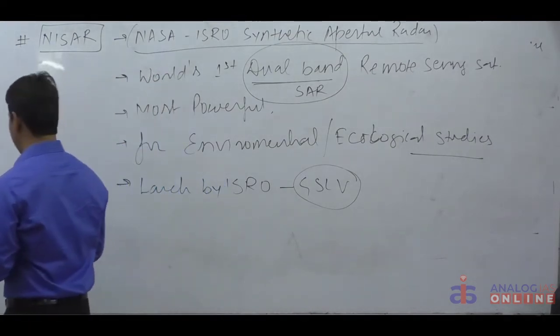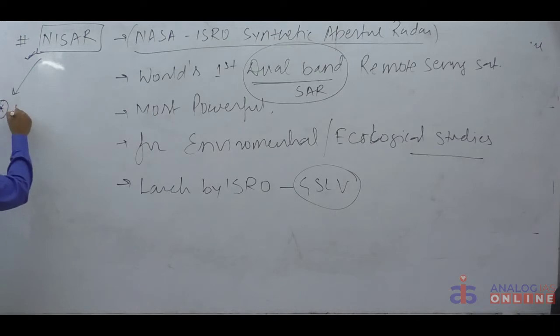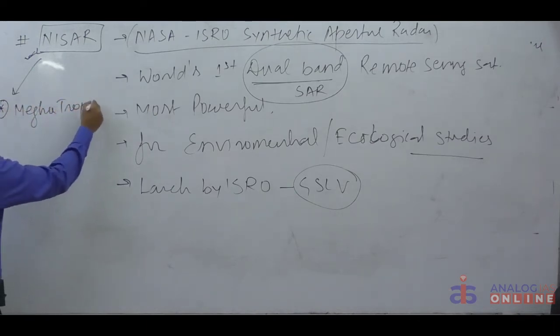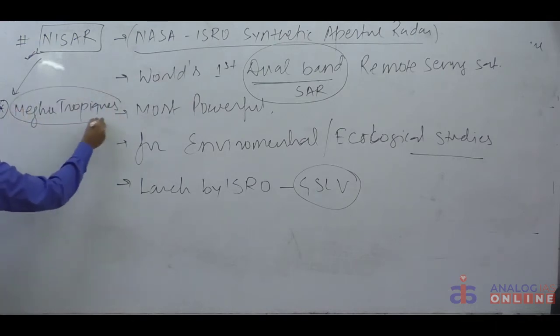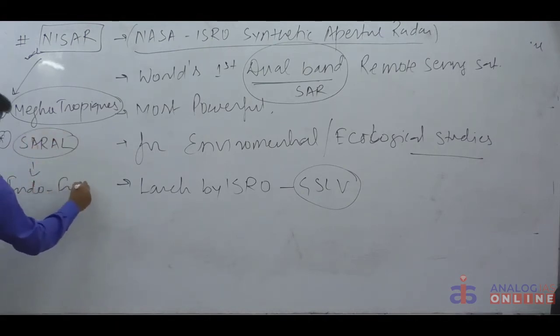Obviously NISAR is important. So with NISAR, you have to go into the context, and there we have to talk about two things: Megha-Tropiques and the second one is SARAL. These two were an Indo-French joint mission.